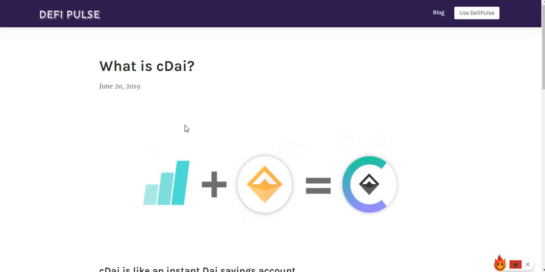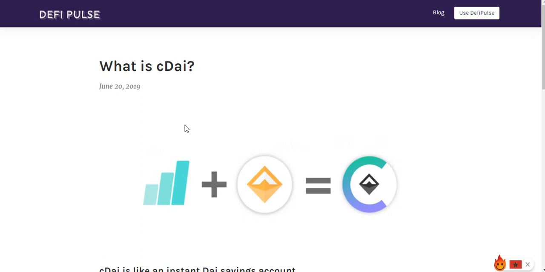You may or may not know that since the conversion from version 1 over to version 2, anytime you deposit the stable asset, DAI specifically, you receive cDai in exchange.